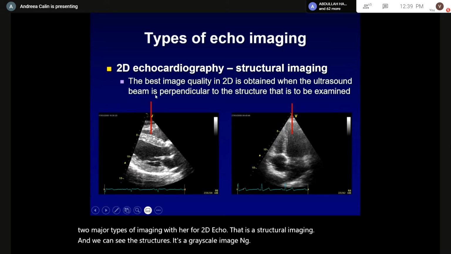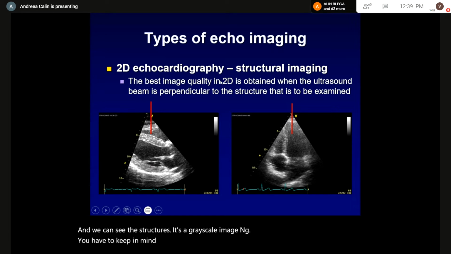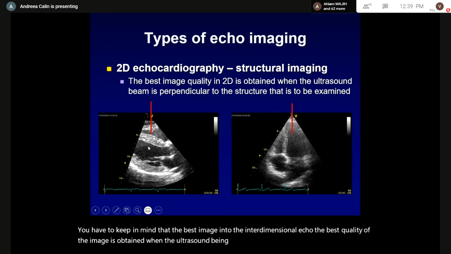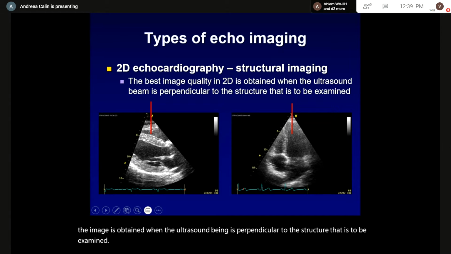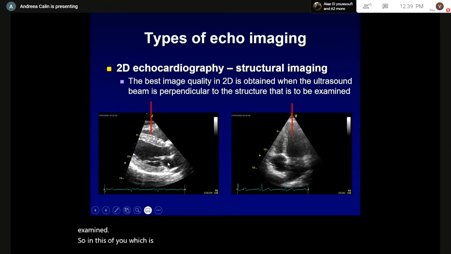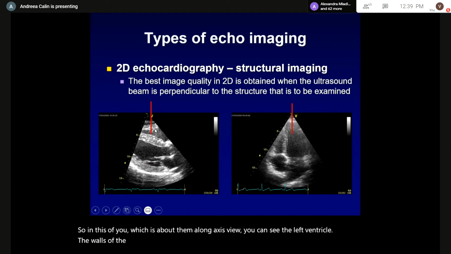You have to keep in mind that the best image in 2D, in two-dimensional echo, the best quality of the image is obtained when the ultrasound beam is perpendicular to the structure that is to be examined. So in this view, which is a parasternal long axis view, you can see the left ventricle, the walls of the left ventricle, and you can easily measure these walls.